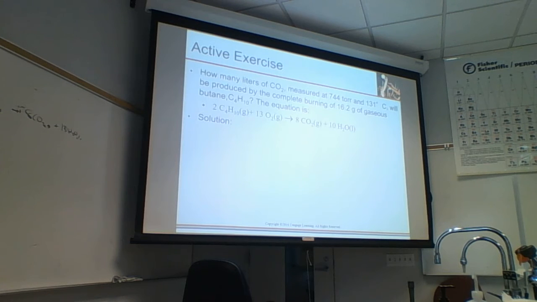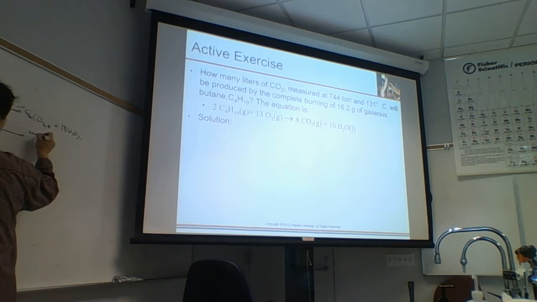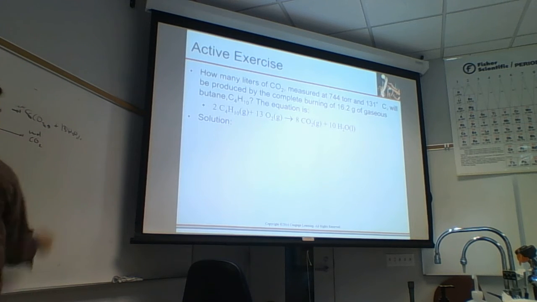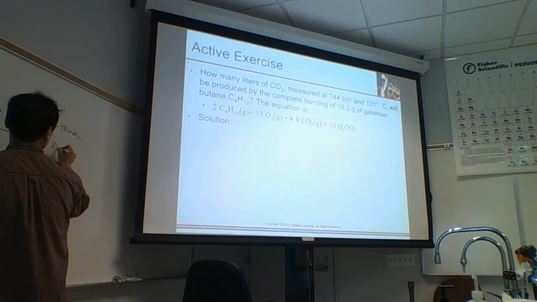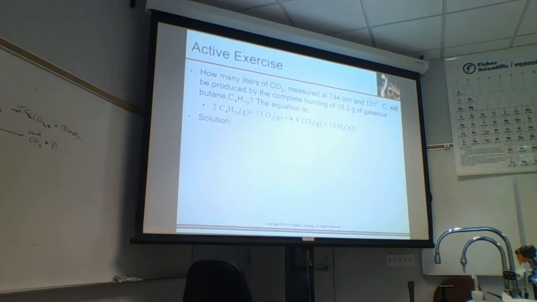So I'm going to go from grams of butane, C4H10, to moles of butane. From moles of butane, I'm going to go to moles of CO2, that's what we call n, n for CO2.